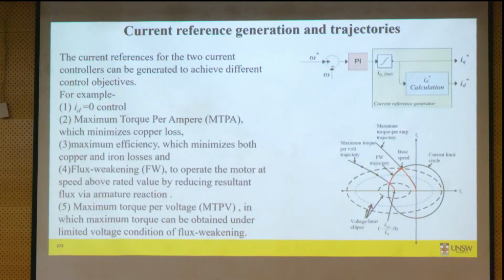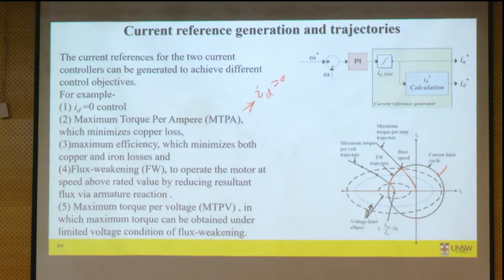Now before we move to that, let's also look at the IPMSM. So we have the current limit, we have the voltage limit ellipses. And if we want to now run it in maximum torque per ampere, MTPA control, in case of SPM, MTPA control is simply ID equal to 0.